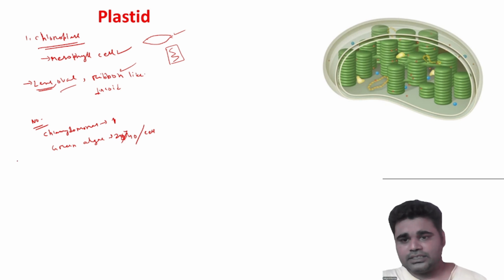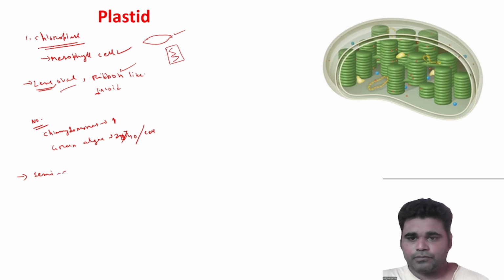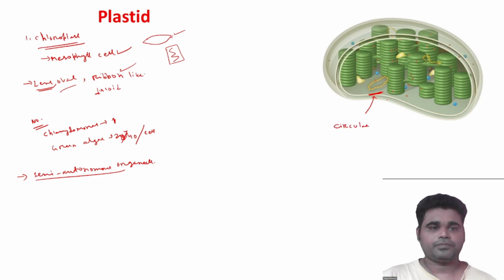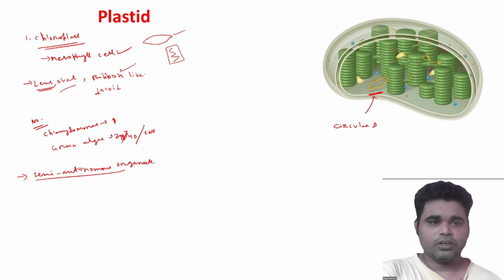The plastid is also called a semi-autonomous organelle. Why is it called a semi-autonomous organelle? Because it contains DNA. Look at this structure. This DNA is circular and double stranded.